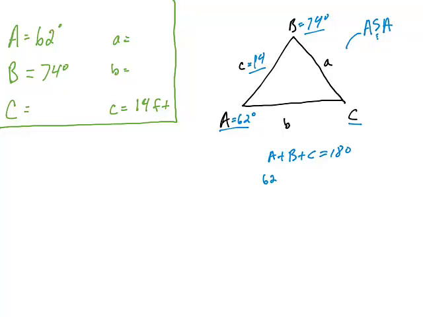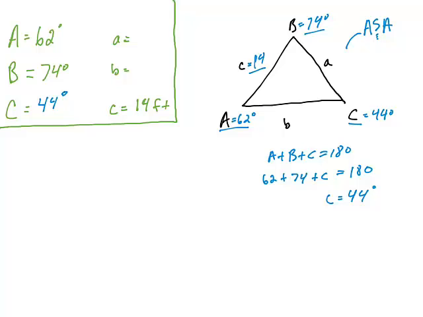A is 62 degrees, B is 74 degrees, so we need to find that missing angle C, and what is that, 136, so 44, C is going to equal 44 degrees, so I can put that here, and then I can go ahead and drop that into my solution area. Okay, so found the missing angle. Now we need to find the 2 missing sides.